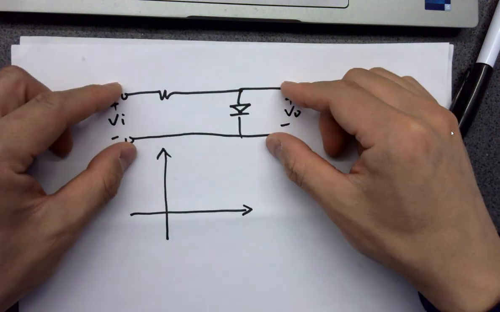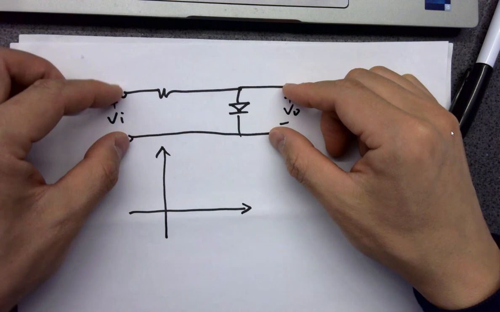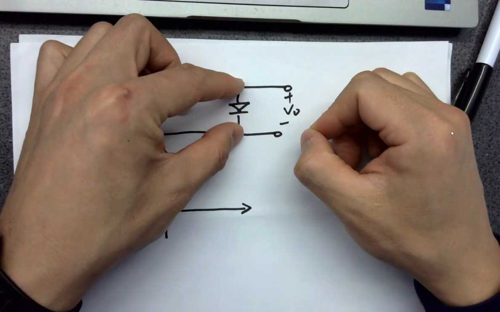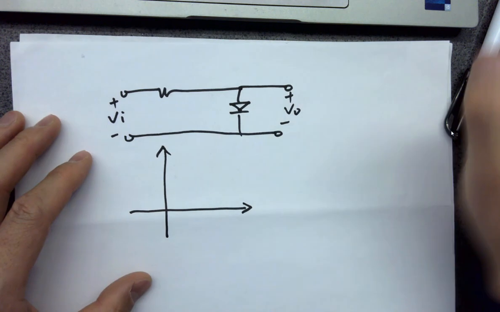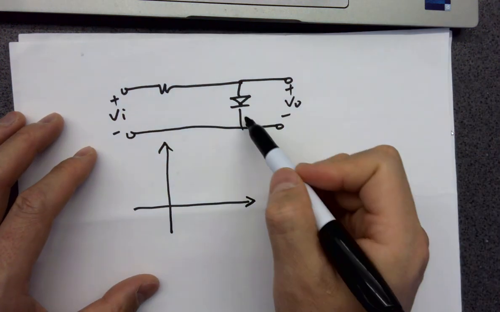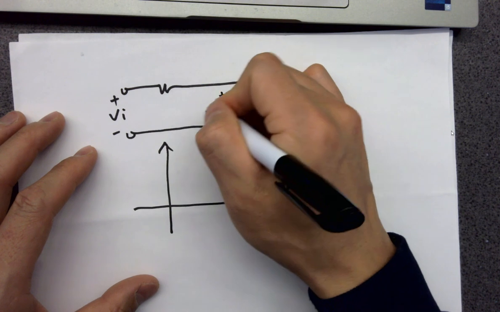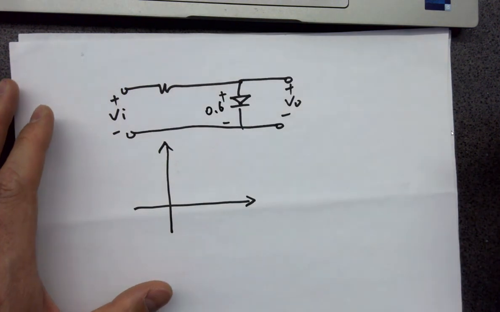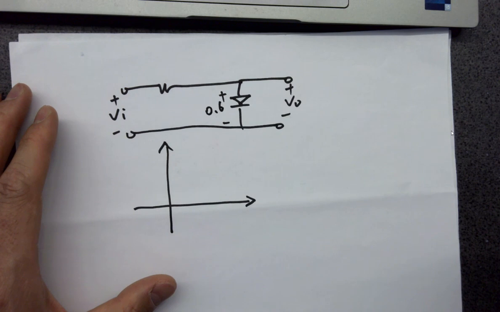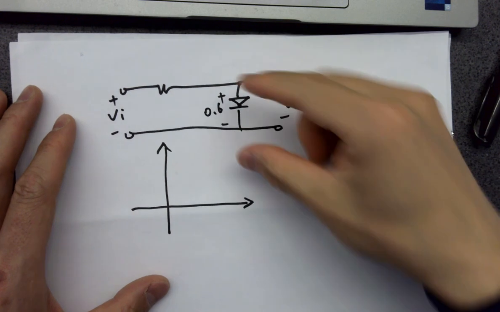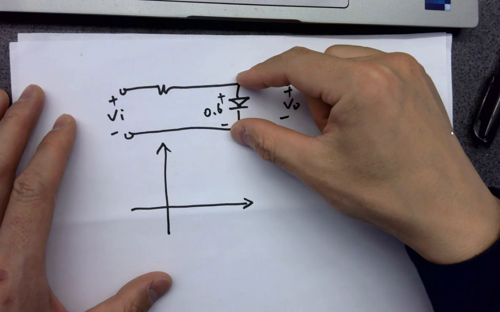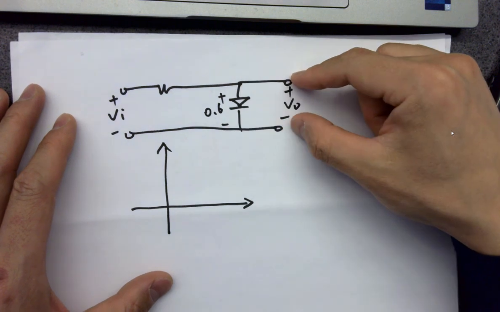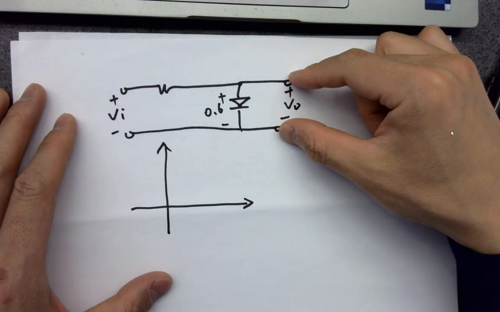Whenever V in increases, the voltage across the diode will increase as well, and at that point it runs current through it. Then this diode will drop a constant 0.6 volts. If you look at the nodes, the two nodes of the diode are the same two nodes as V out, so eventually this voltage equals V out.